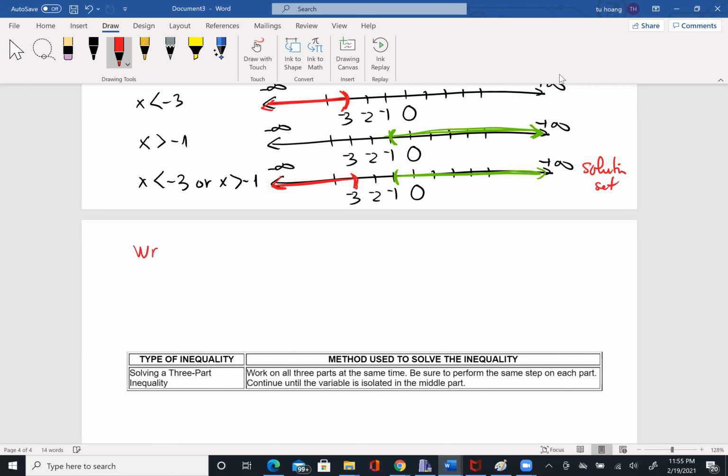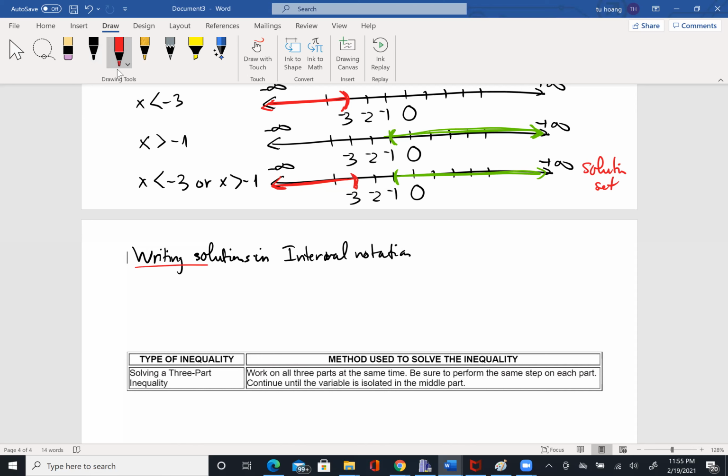writing the solution in interval notation. Interval notation.